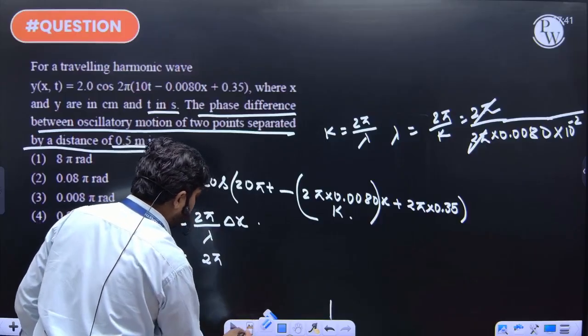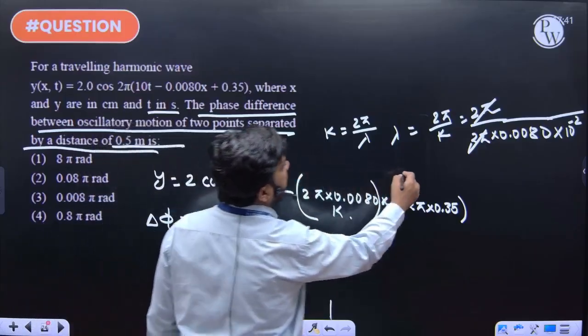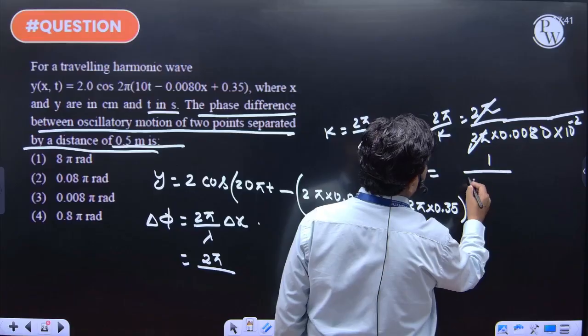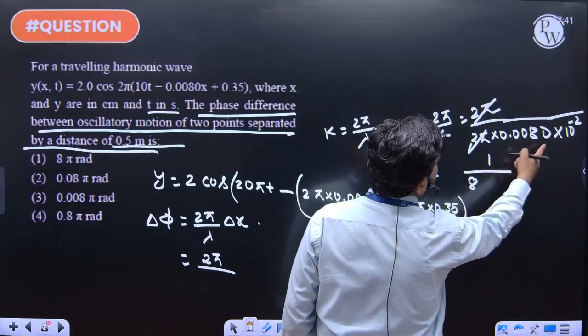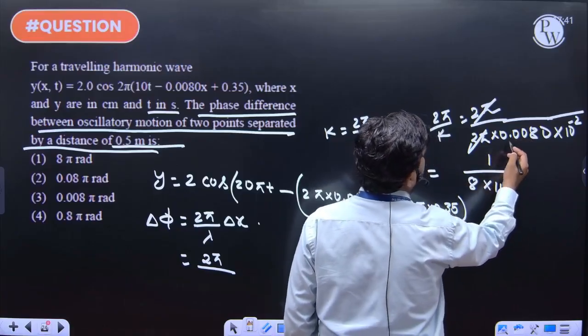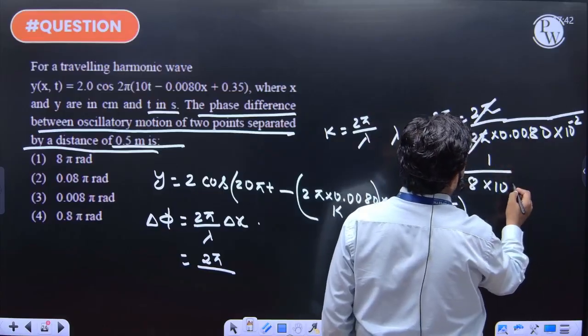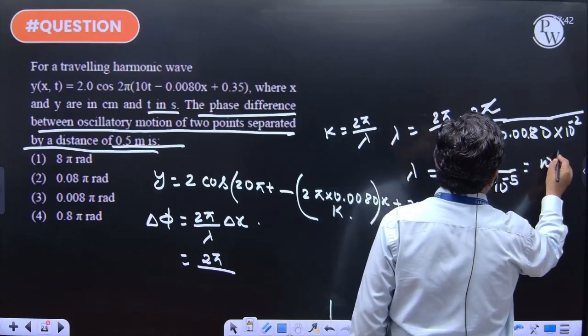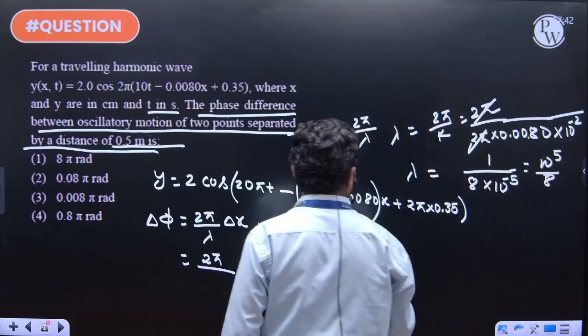So 2π, λ value is 1 divided by 8 into 10 to the power how much? 1, 2, 3. So 10 to the power minus 5. So it is 10 to the power 5 divided by 8. Correct?